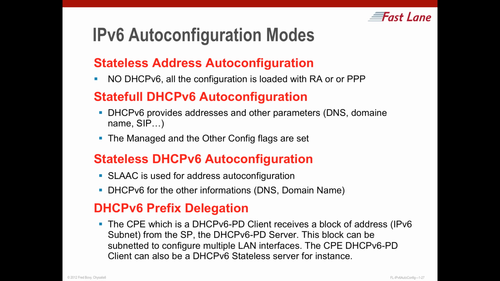And we also have the DHCPv6 prefix delegation, which is a mode existing in IPv6 and not in IPv4, which permits to allocate a block of addresses and not just an address. Then this block can be received by the client and then be subnetted to configure many addresses, many interfaces.